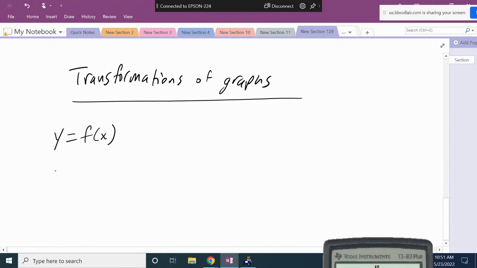If we were to take f of x, our function, and add some constant, plus c, this is what's called a vertical shift c units.